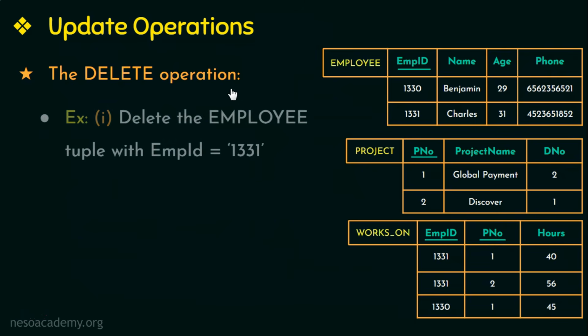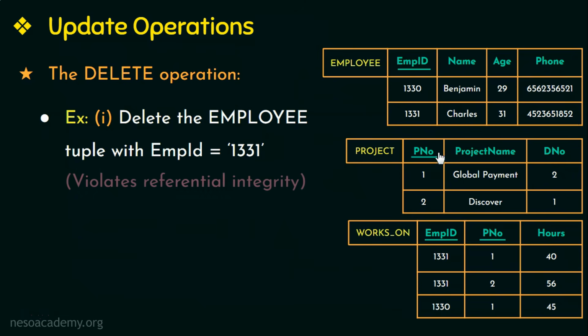The first example is delete the employee tuple with employee ID as 1331. This example specifies the deletion of this tuple where employee ID is 1331. This deletion is not acceptable because there are tuples in the works on relation that refer to this tuple. Therefore, if this tuple is deleted, then it will violate the referential integrity constraint.